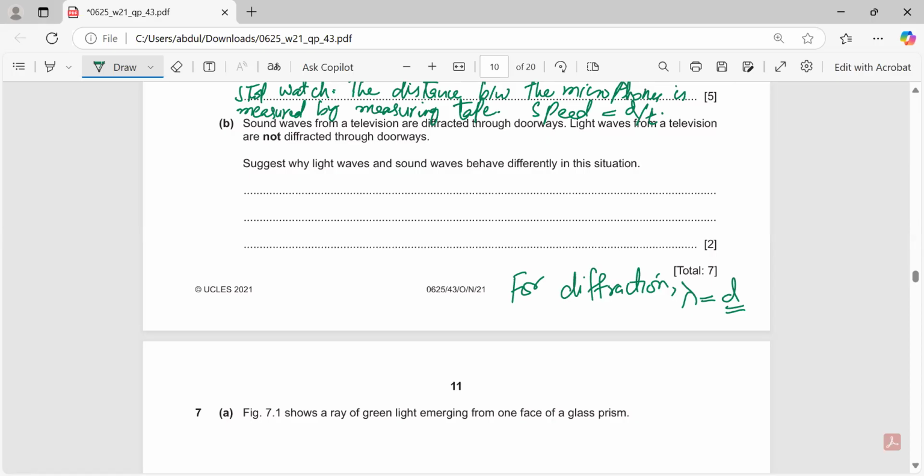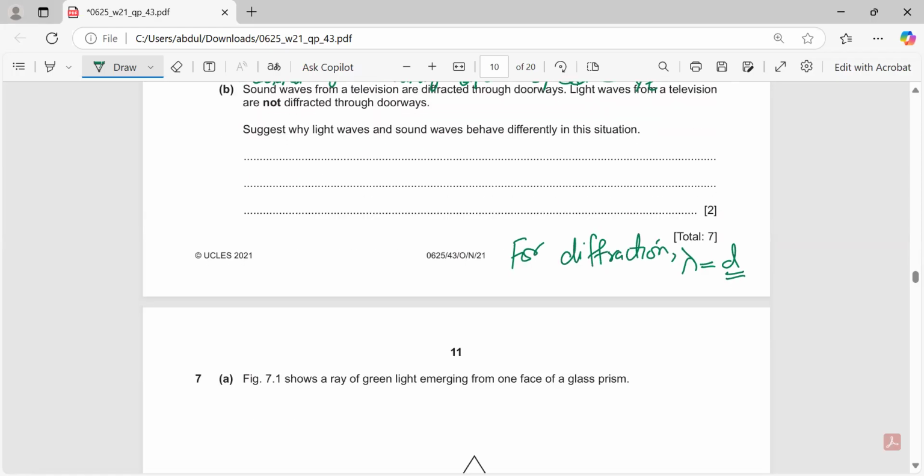Now, size of the gap in the doorways is very small. And the wavelength of light waves is even smaller. So that's why for light wave, diffraction is not possible through the doorways. But the wavelength of the sound wave is approximately equal to the size of the doorway. So that's why diffraction takes place.